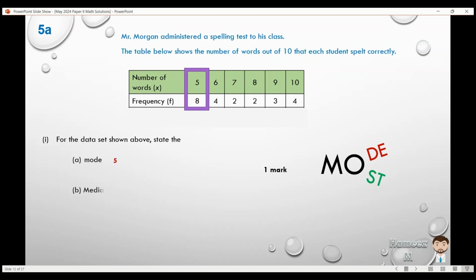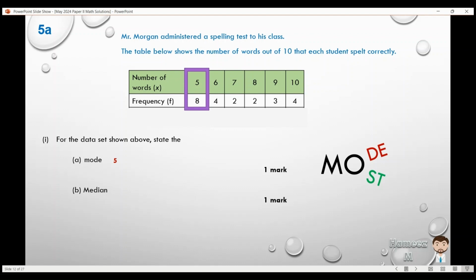Part B, the median. When we're thinking about median, we're thinking about taking the data and putting it in order, ascending or descending, and then finding the middle term. So if we look at our table, we have 8 students who got 5 words right and 4 who got 6 words right.